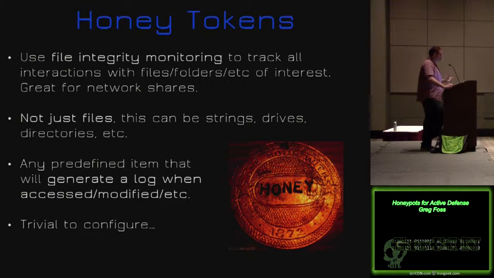These could be strings, database entries, whatever you can imagine, really. As long as it's something you have predefined in your detection capabilities, then you know when it's being interacted with, whereas on other systems that you aren't watching closely, you might not. So this will help highlight some of the issues, like people accessing things they shouldn't be.